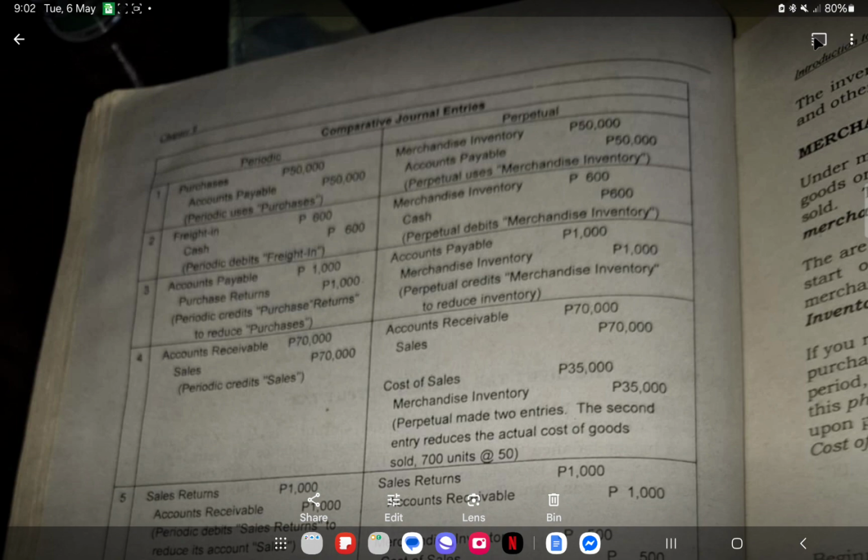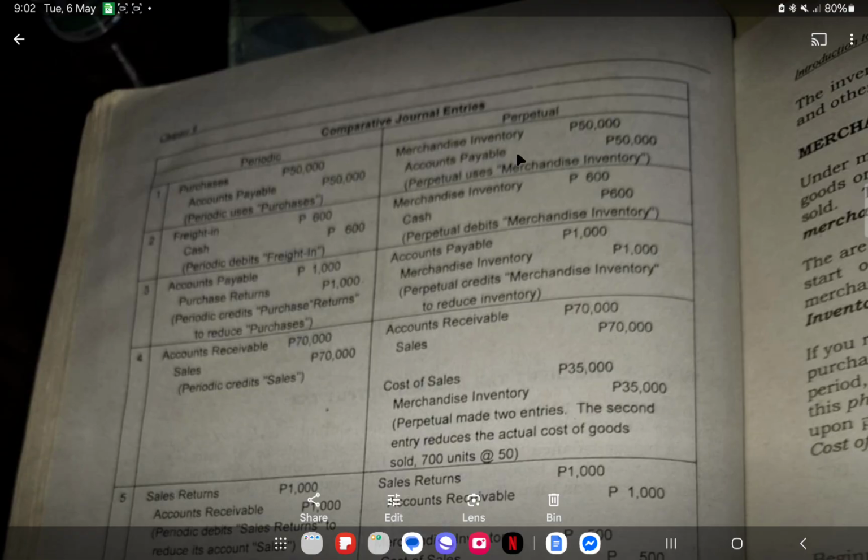Next, transaction number 2, paid freight on purchases 600 pesos. What is your analysis when you read the words paid freight on purchases? Some might answer freight in, some also answer freight out.